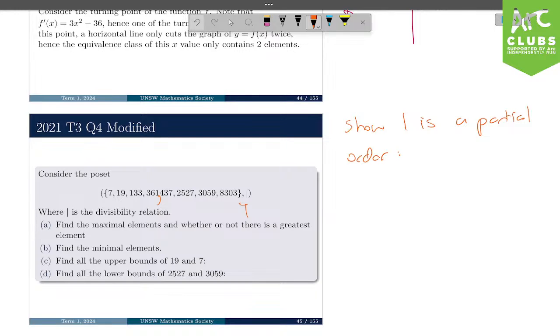So we need to show it's reflexive, but we can show it's reflexive because every integer divides itself by definition.